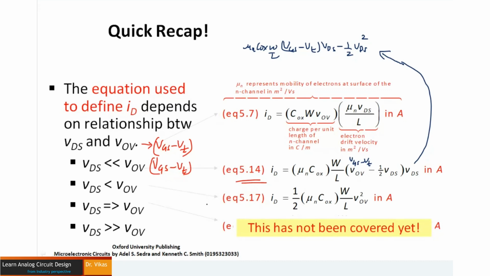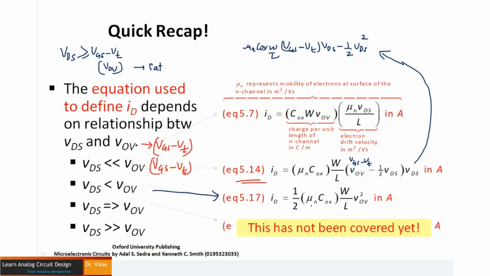Now, when VDS reaches the overdrive voltage, or typically when we have VDS greater than or equal to VGS minus VT, that means either it equals or it becomes more than VOV, then the MOSFET enters into the saturation region, and that's how this particular equation comes into picture.